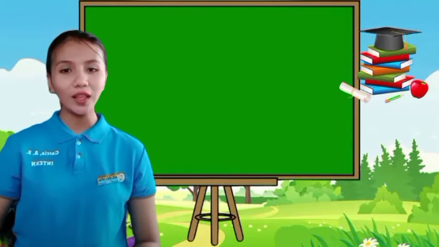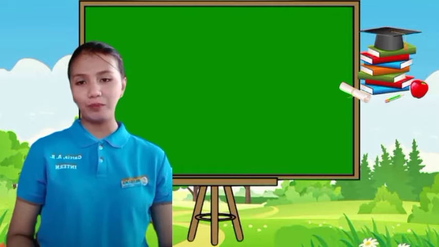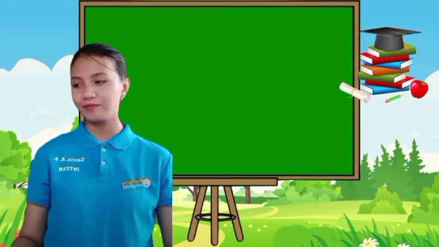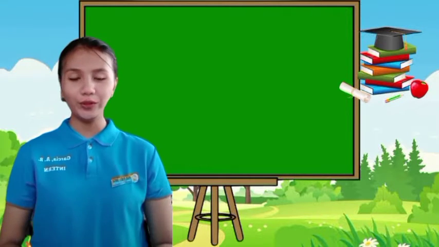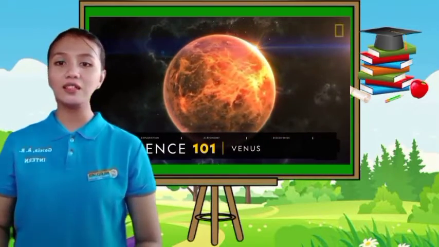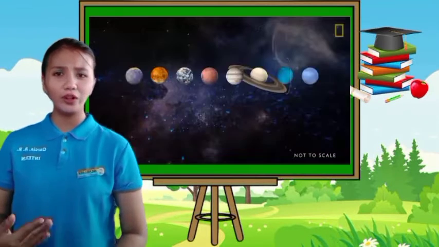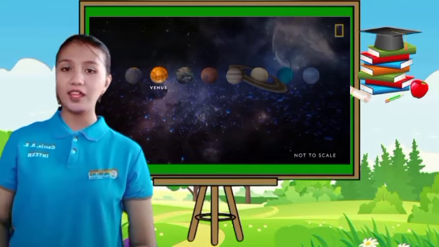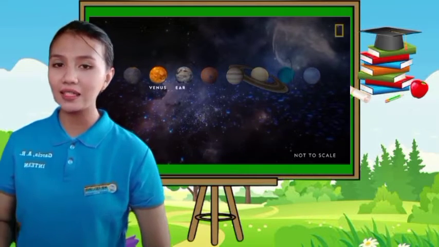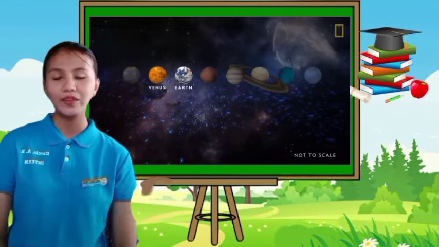So next, what is the second planet from the Sun? Very good. This is Venus, second planet from the Sun. So Venus is the hottest planet in the solar system. It is often called Earth's twin because it is roughly the same mass as Earth.